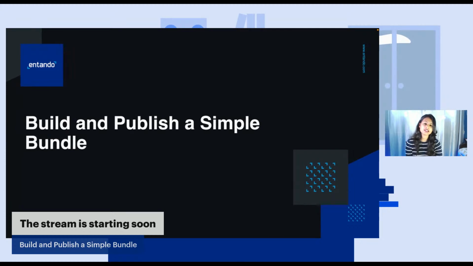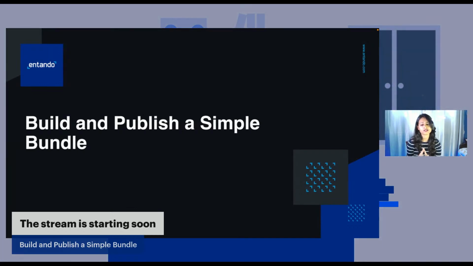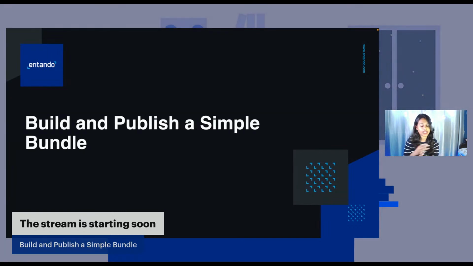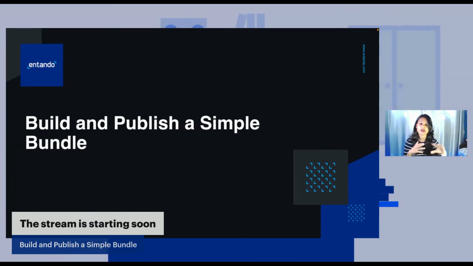So as I said, today we're going to learn about how we can build and publish a very simple bundle. Our goal is to start from scratch. We're going to start with how we can create a custom UI, then how we can bundle it, and then how we can publish it.